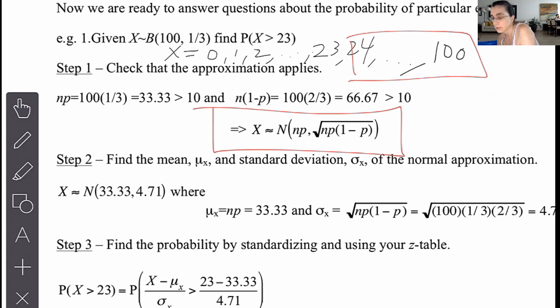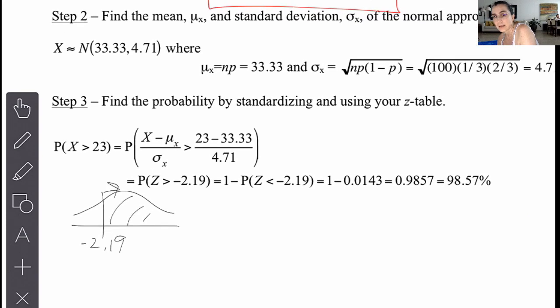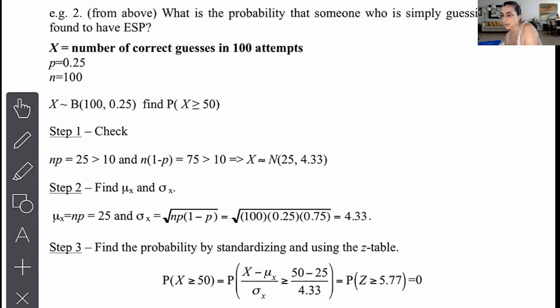Out of those 100 attempts, the chance of seeing our success more than 23 times is very high. So it could be any of 24, 25, 26, more than 23. The chance is very high. It's 98.57% chance. Okay?